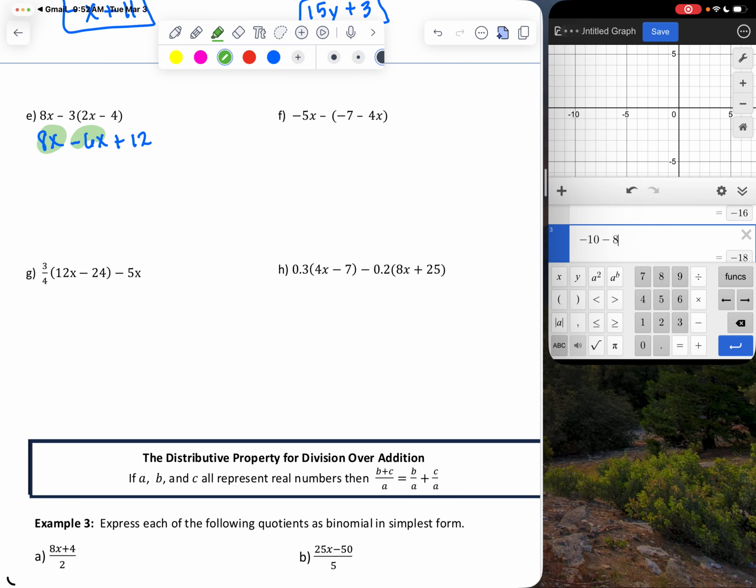So 8x minus 6x gives me 2x, and then plus 12. All right, check your work. Fix anything that you got wrong.